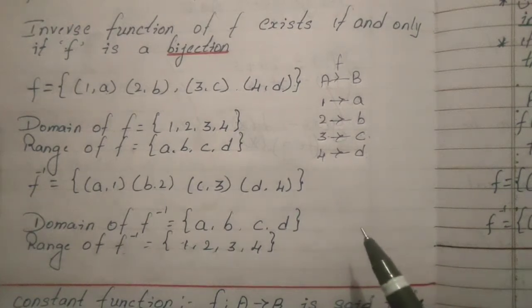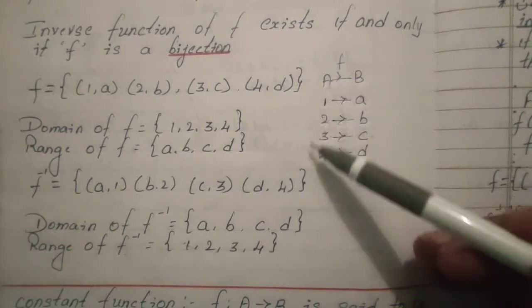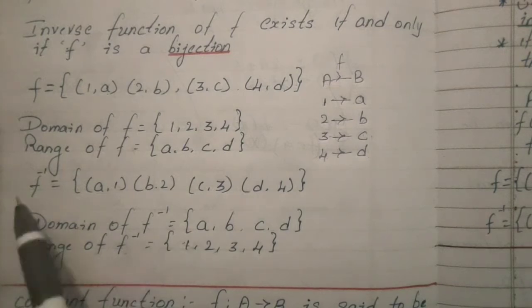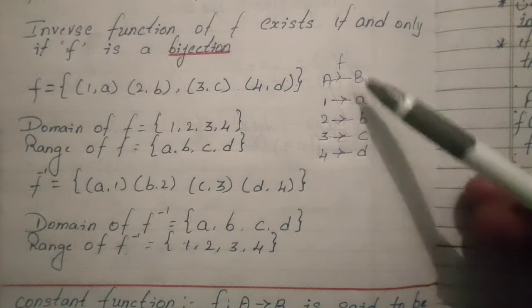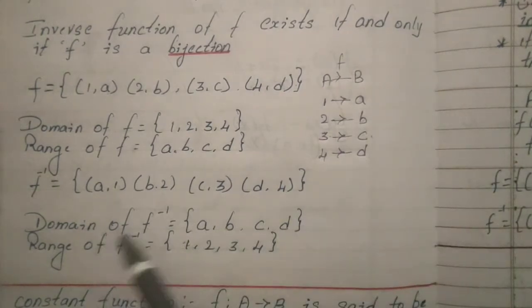So what can we understand through this example? Domain of the function f will be range in f inverse. Range of the function f will be domain of f inverse.